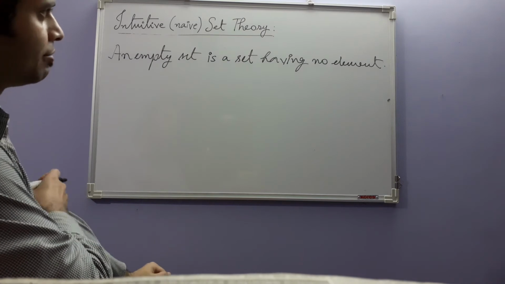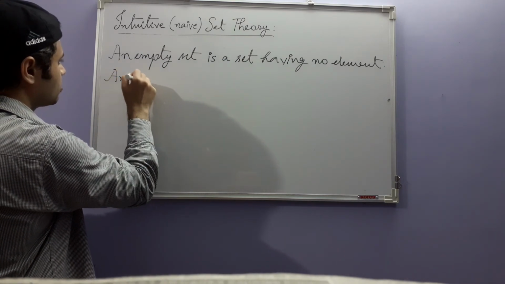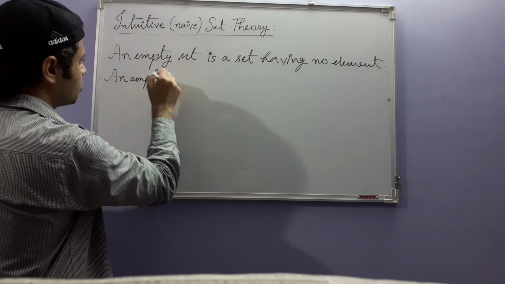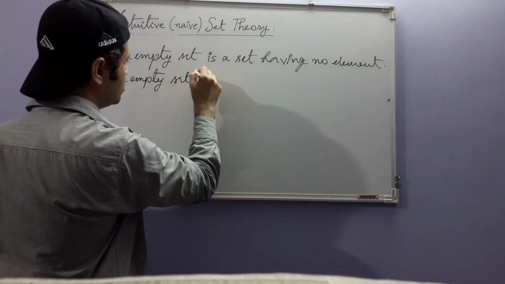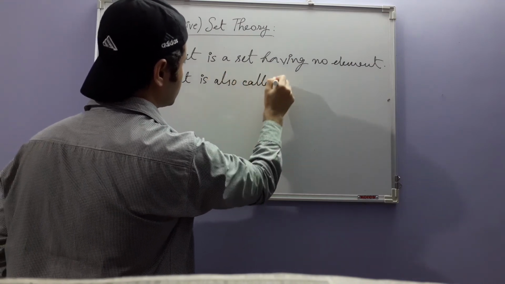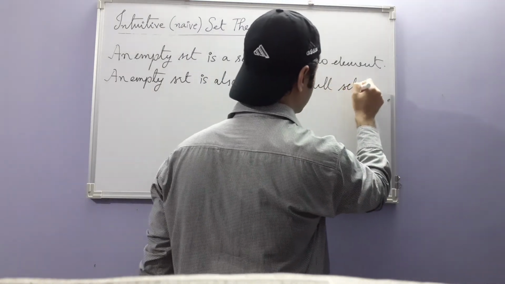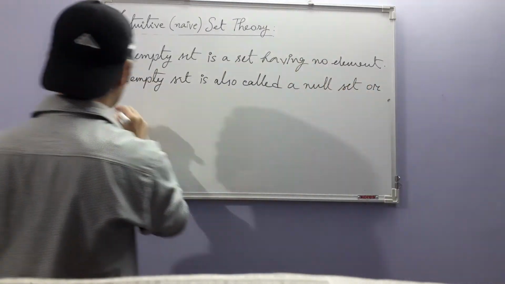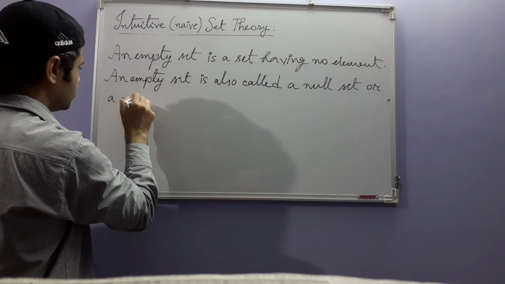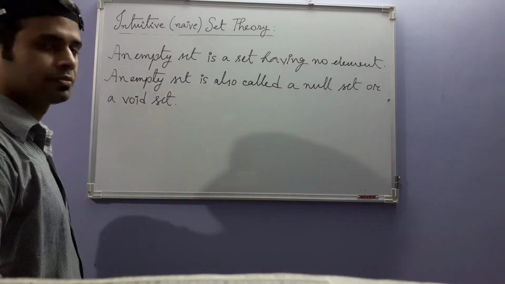Okay, having no element, an empty set is also called a null set or a void set, because there is nothing in it.